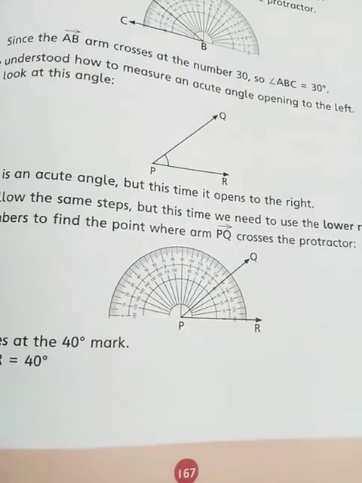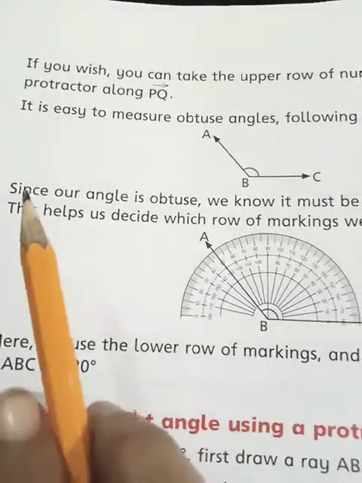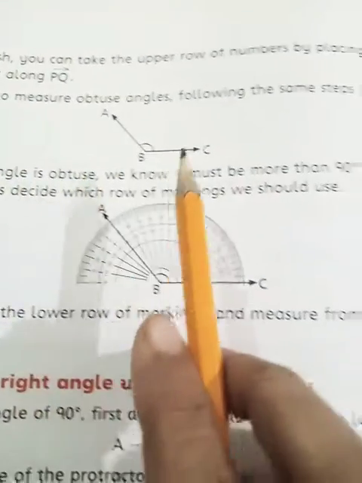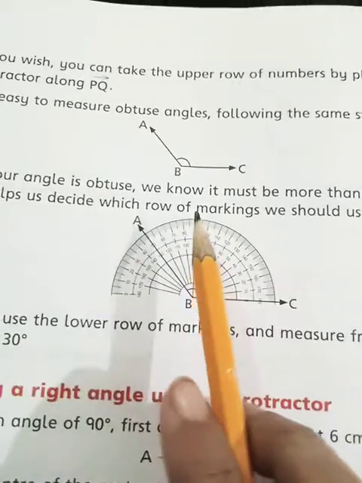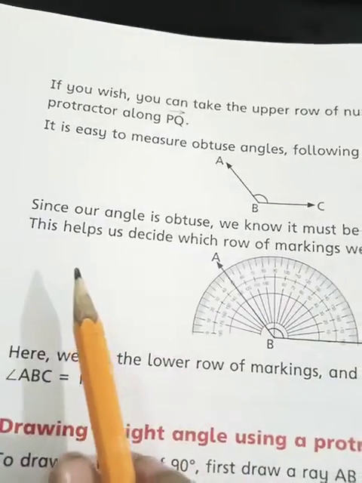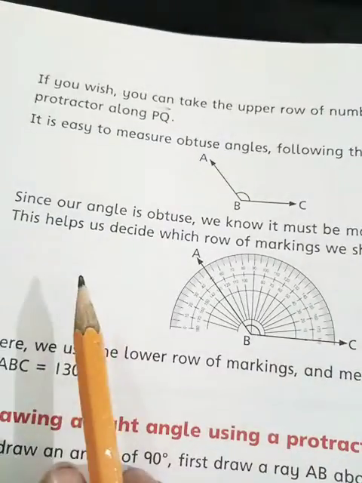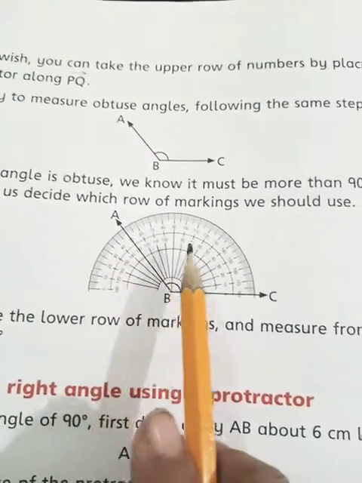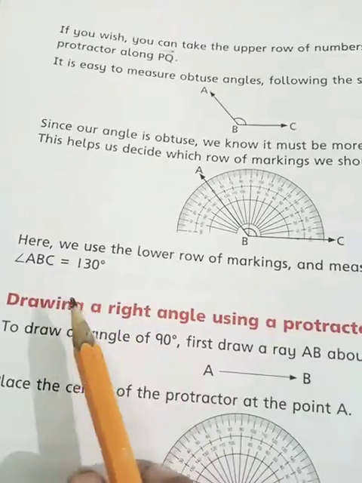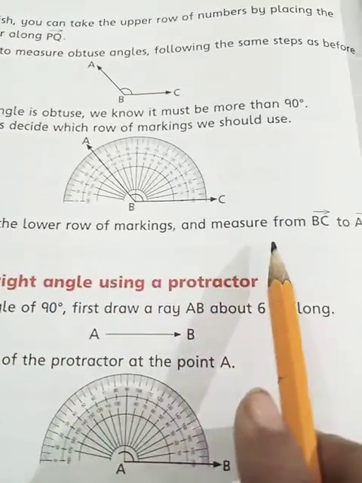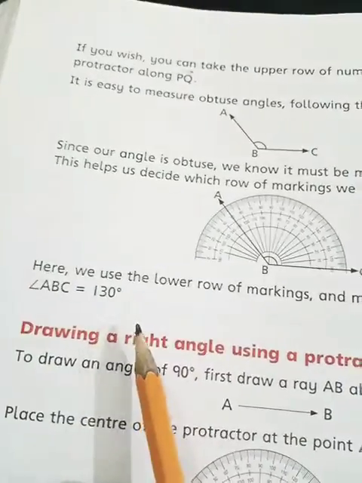Alright. Now turn the page. It is easy to measure obtuse angles following the same steps as before. Here, since our angle is obtuse, we know that it must be more than 90 degrees. This helps us decide which row of markings we should use. Here we use the lower row of markings and measure from BC to AB.